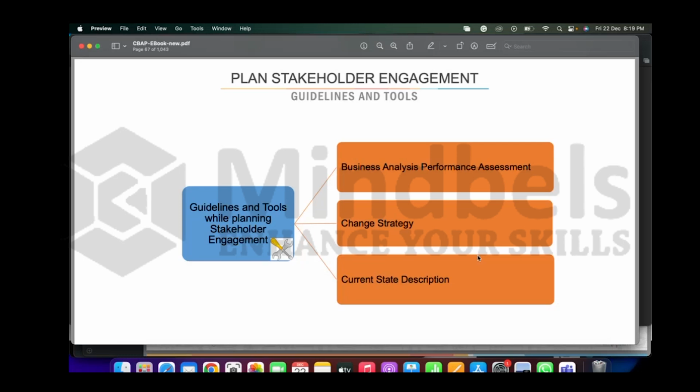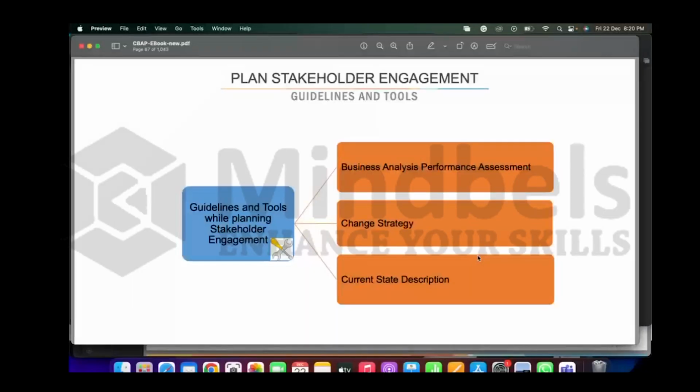So how do you do that? You need to assess them. The performance assessment is not about assessing them on their company's business operation benefit. You're assessing them on the stakeholder requirement. You're assessing them to understand who this person is, what they are doing, what their requirement is, what their business ideas are, what the scope is, etc.